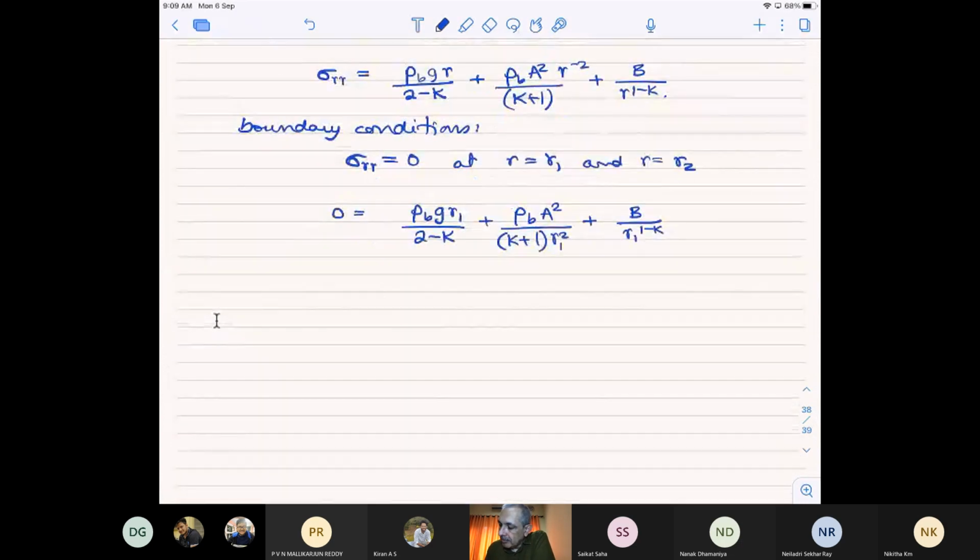And we also have the same equation but with r2.